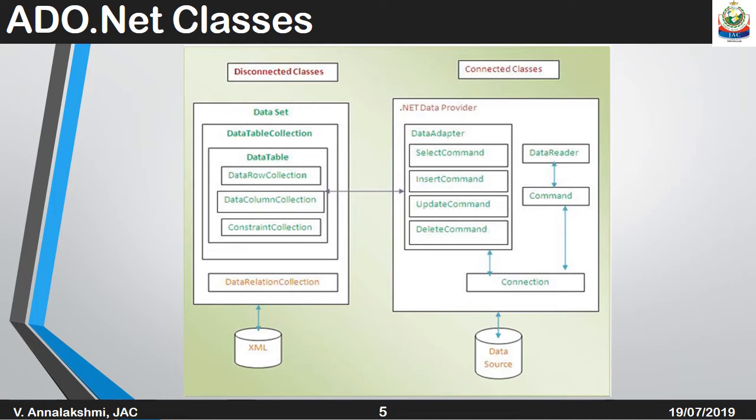In the connected classes, the .NET Data Provider supports data adapter. It will support the select command, insert command, update command, and delete command. Finally, the data reader goes to the command and it goes to the connection. Overall, all the details are stored in the data store.